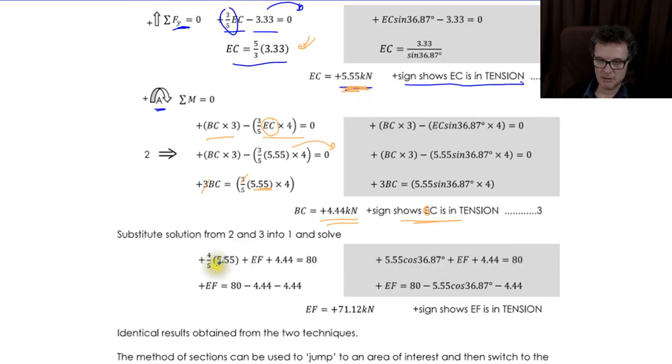Our EC value is 5.55, and our BC value is 4.44. Let's bring these terms and substitute them in. They end up as 80 take away 4.44, take away 4.44, and we end up with that result EF.